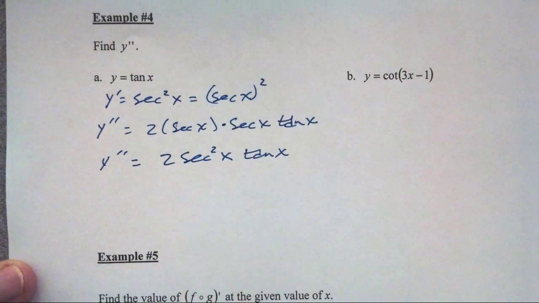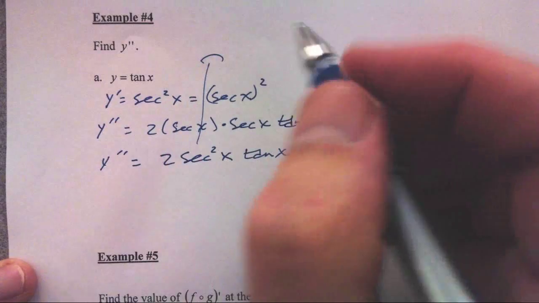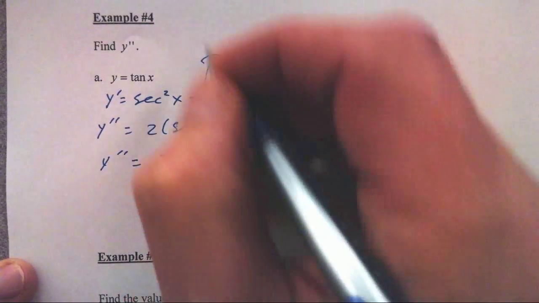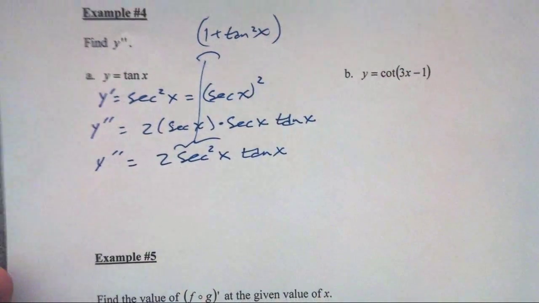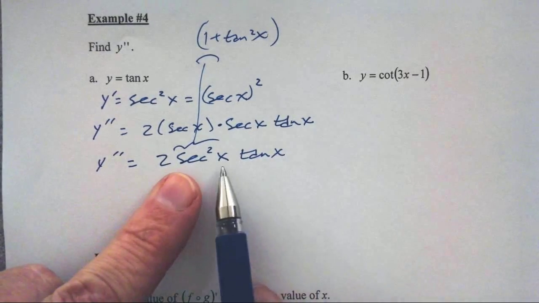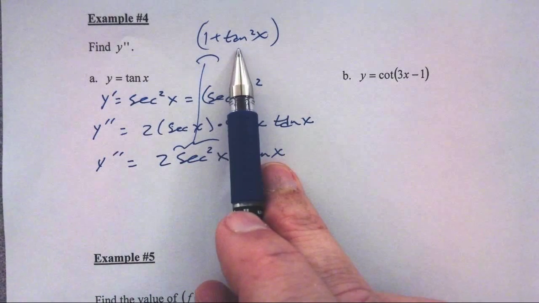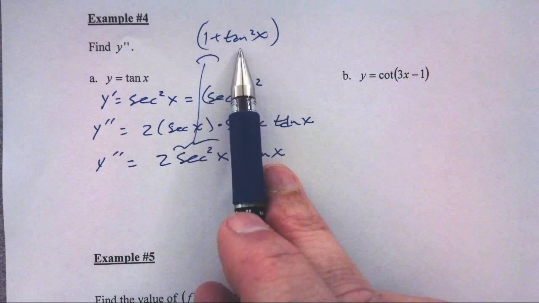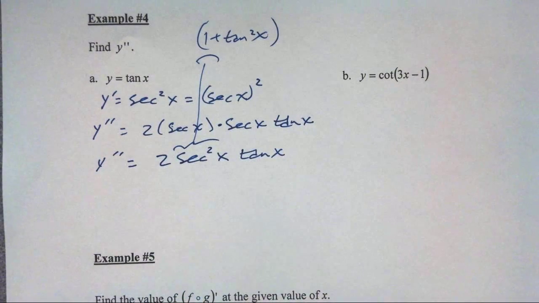Now it's possible that the back of the book might take secant squared and turn that into 1 plus tangent squared of x and distribute just to get everything in terms of tangents. Just to be alert, we're still to match answers, and I want you to do it. I believe this would be fine on the AP test, but to make certain that we're in good shape, and just for the practice on our trig rules, try to match the back of the book answer.